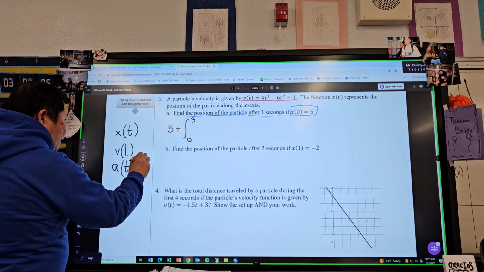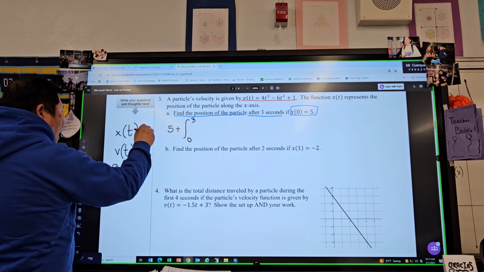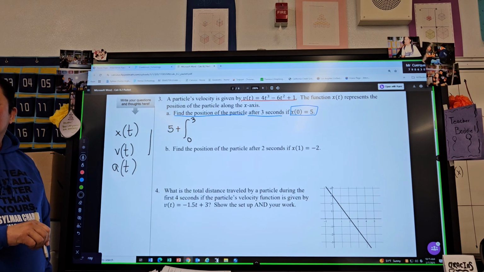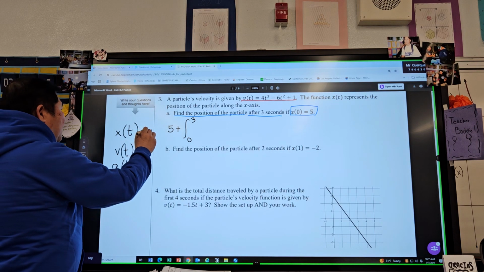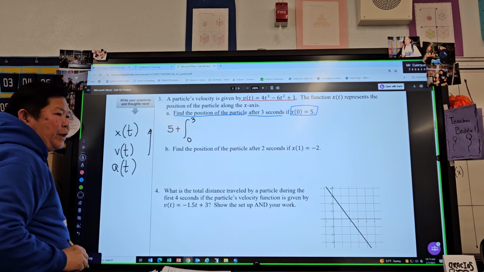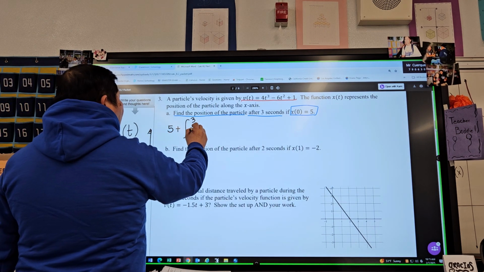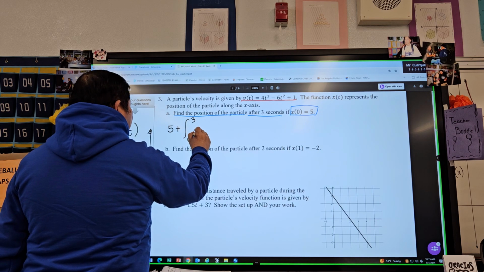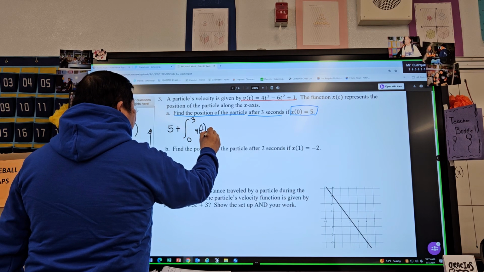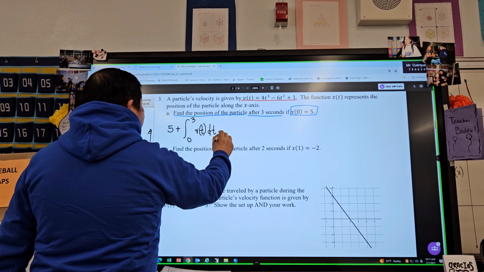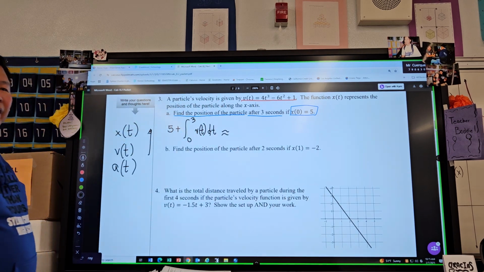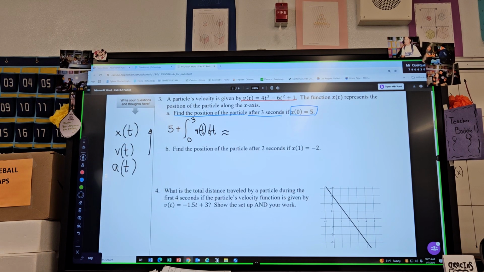So we are here, but our objective is to go up, not to go down. From velocity, we go up, so that means we have integration. So the integral from 0 to 3, then dt. Am I right, guys? Given as 4t cubed minus 6t squared plus 1.